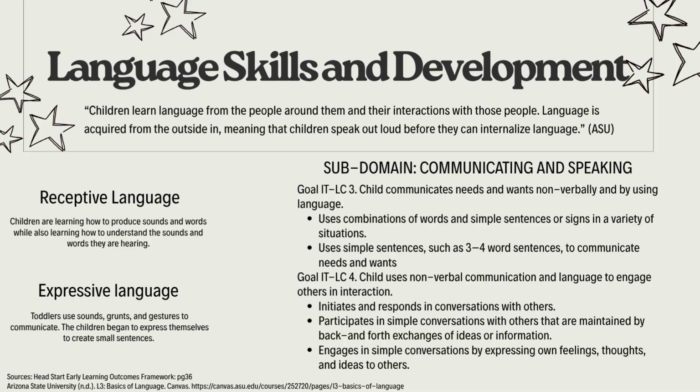Goal 4: the child uses nonverbal communication and language to engage others in interaction, initiates and responds in conversations with others, participates in simple conversation with others that is maintained by back and forth exchange of ideas or information, and engages in simple conversations by expressing own feelings, thoughts, and ideas to others.